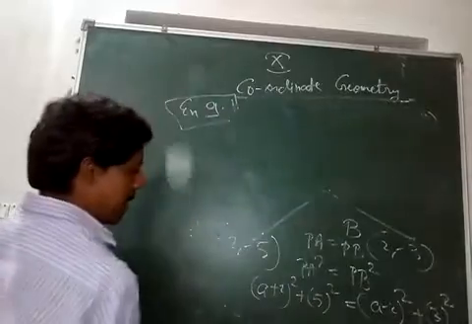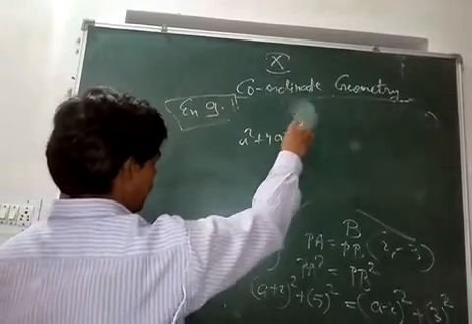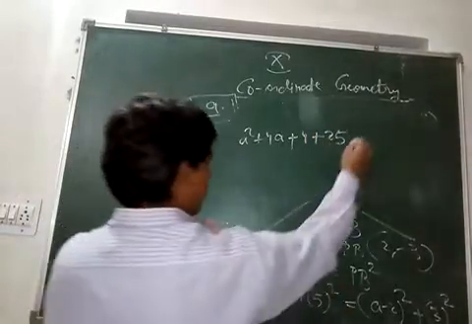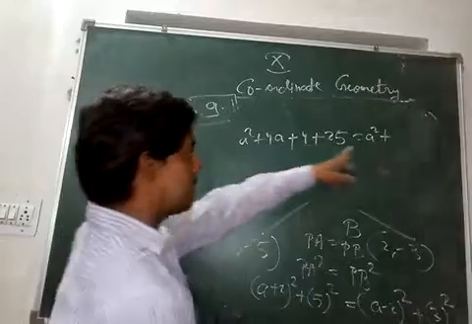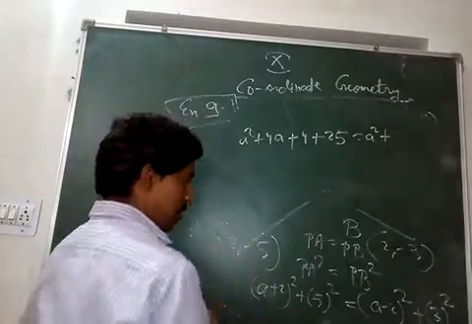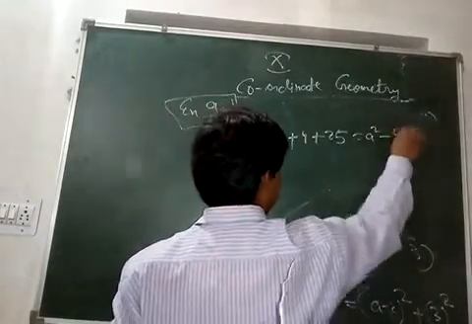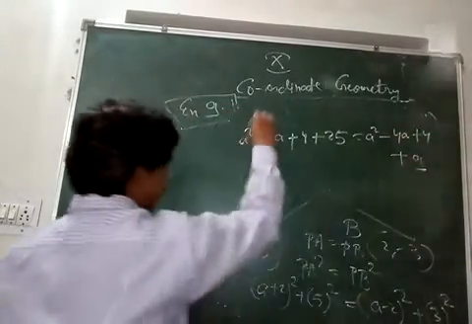This could become a quadratic equation. So this is a square plus 4a plus 4 plus 25, okay, is equal to a square minus 4a plus 4 plus 9. If a square is getting cancelled then it is not quadratic. Just cancel this one.